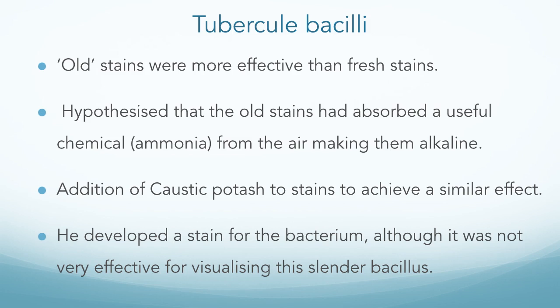So, Robert Koch began adding caustic potash to his stains to achieve similar effects as the old stains. Thus, he developed a stain for the bacterium, although it was not very effective for visualizing the slender rods, but a method for staining was devised.